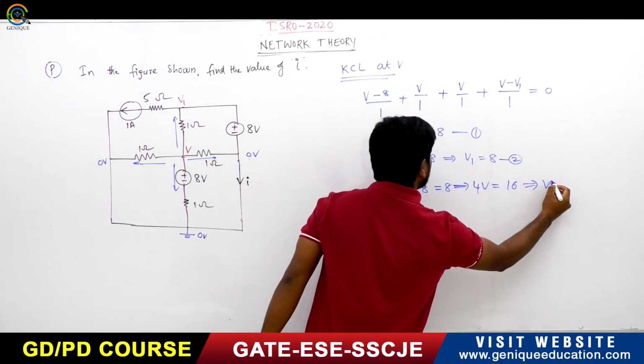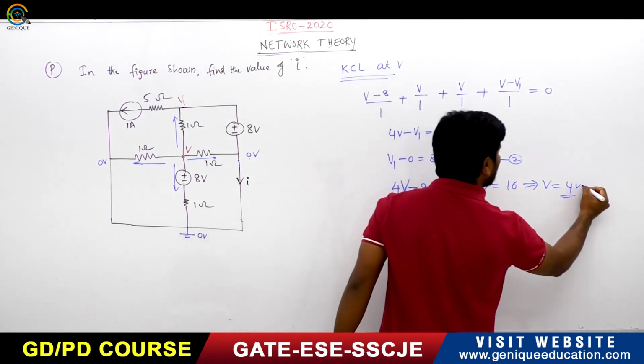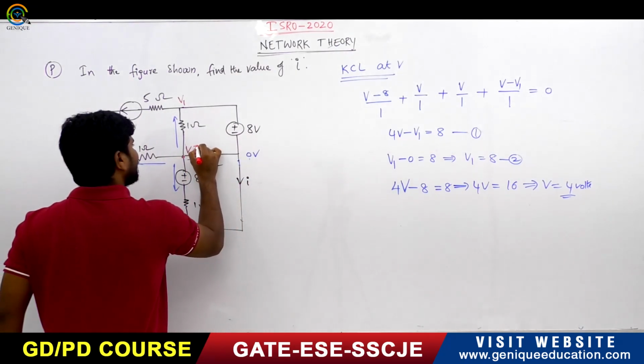This implies V is equal to 4 volts. So we got V is 4 volts.